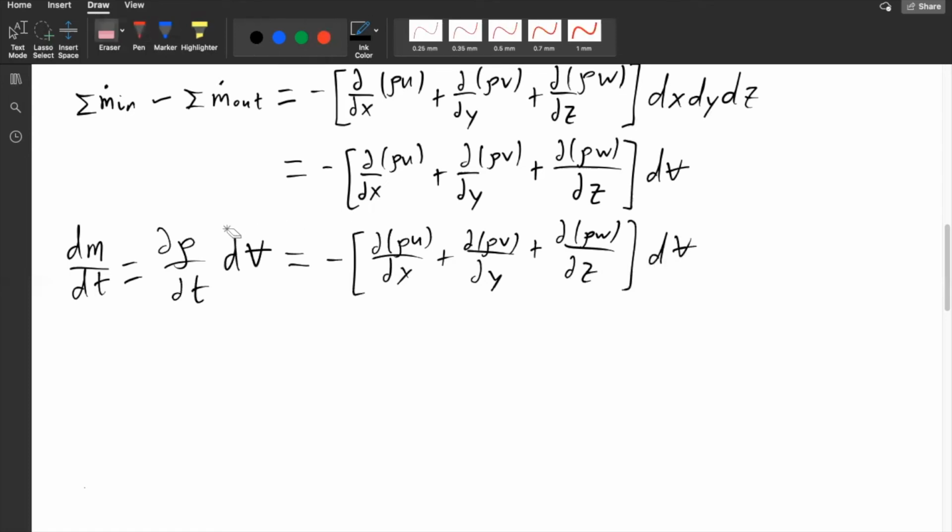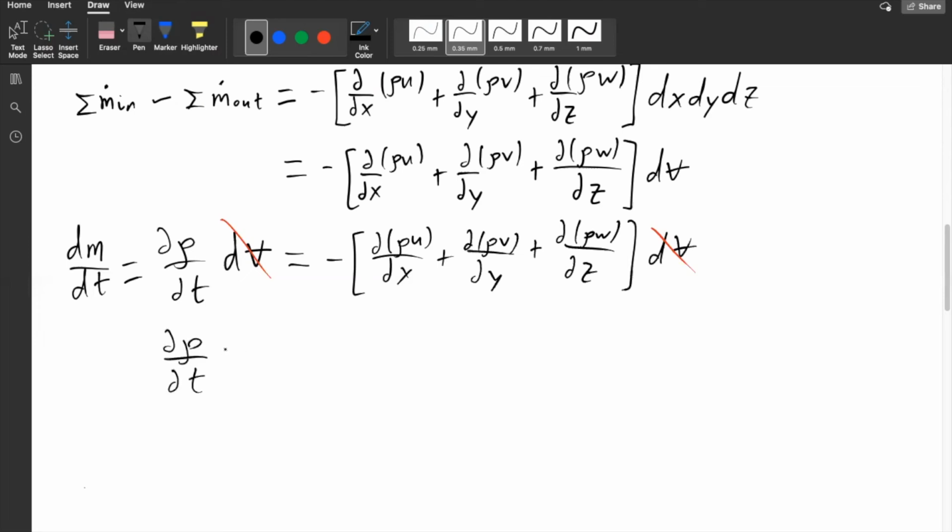And here we can cancel out dV terms on both sides. And that will leave us with, if we take this term and bring it over to the left-hand side of the equation, we get the following.